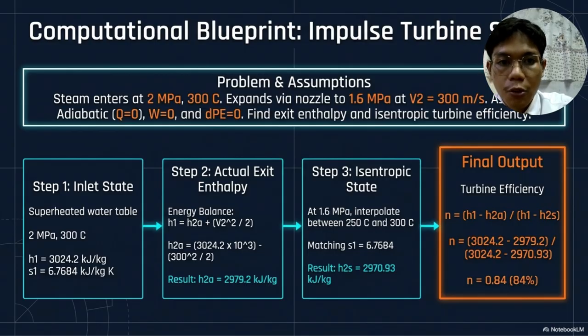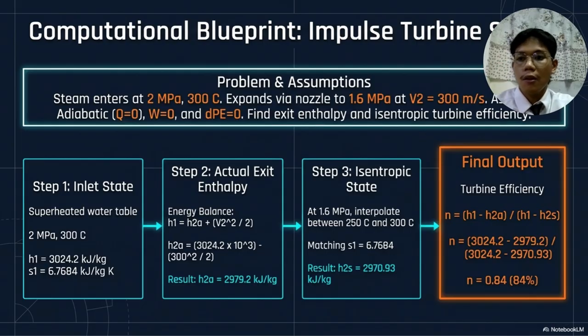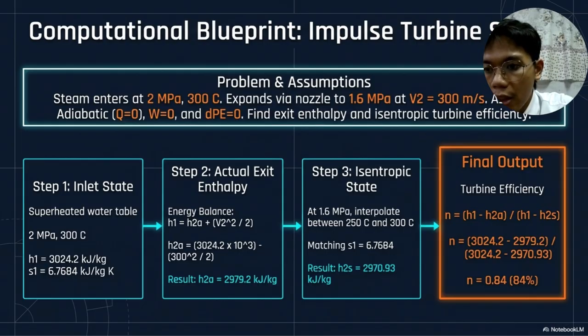So we have to refer to the superheated water table. Then we get the inlet enthalpy as 3024.2 kilojoules per kg, and the entropy is 6.78764 kilojoules per kg Kelvin.